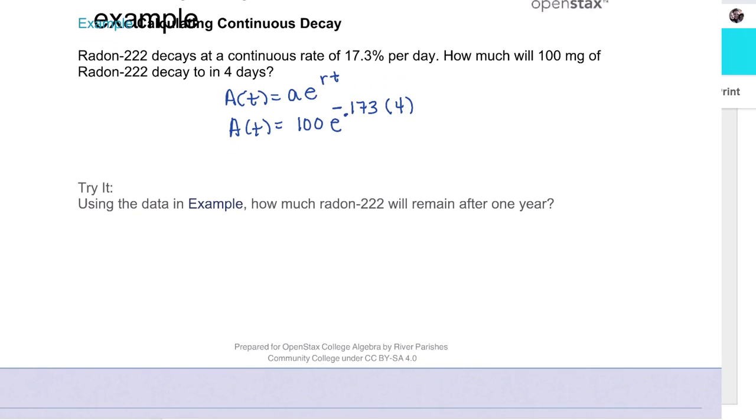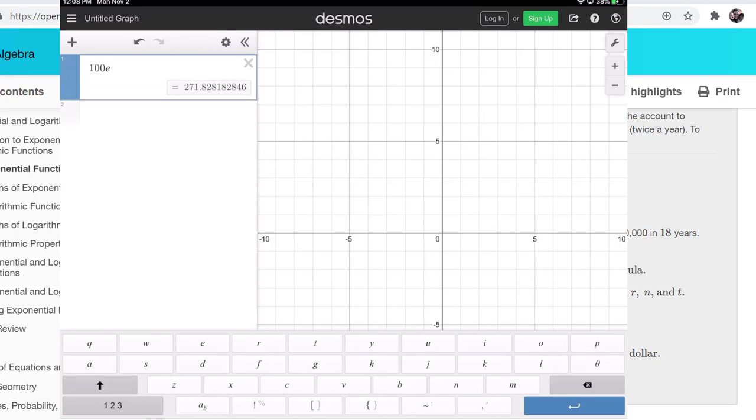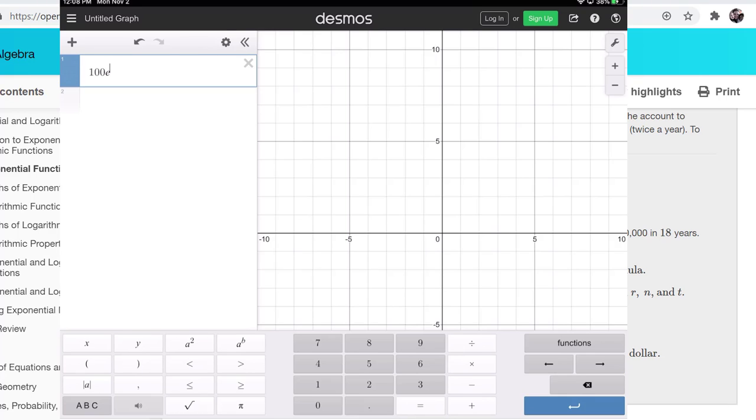Okay, so let's just type this in the calculator. 100 e to the negative 0.173 times 4. And it looks like 50.05739.